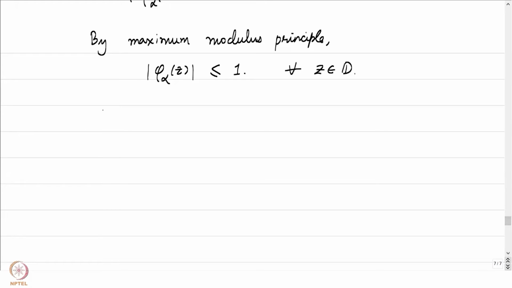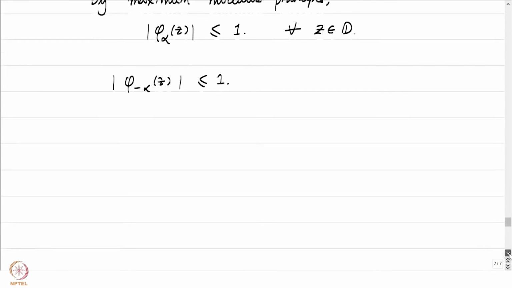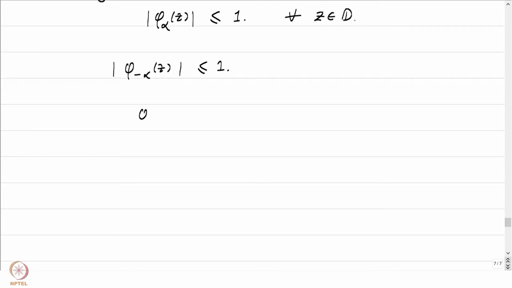And by a very similar argument, phi minus alpha of z is also less than or equal to 1, and it can be shown by using both phi alpha and phi minus alpha that phi alpha of the unit disk is equal to the entire unit disk.